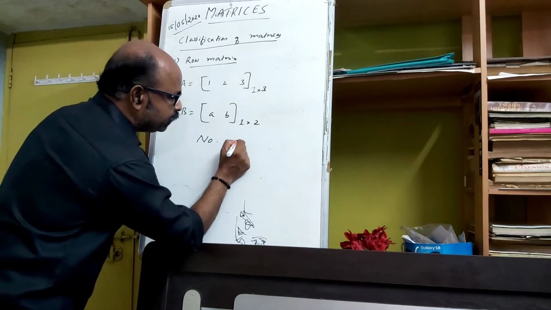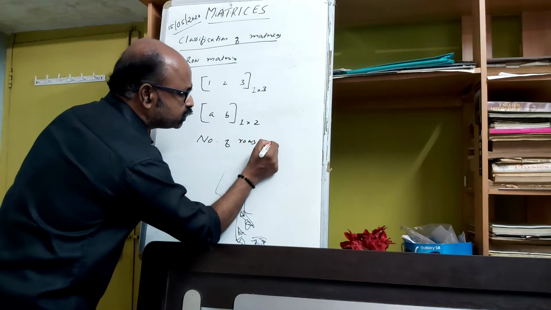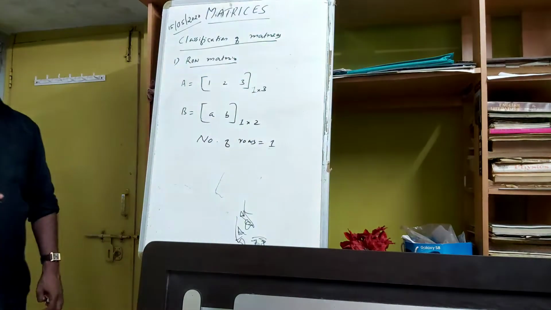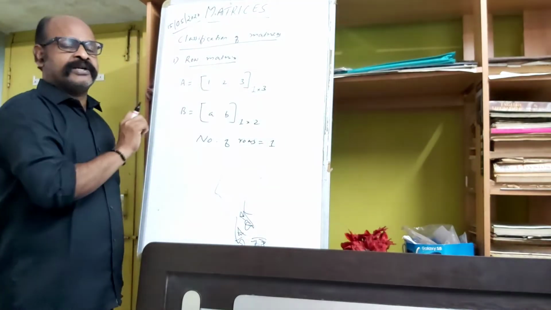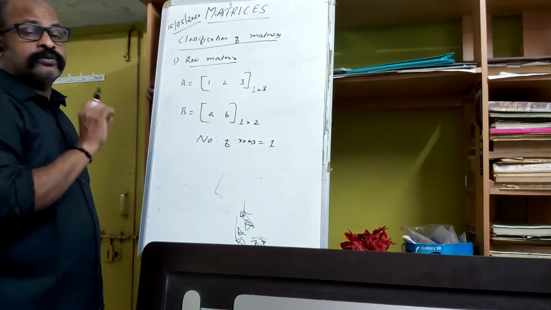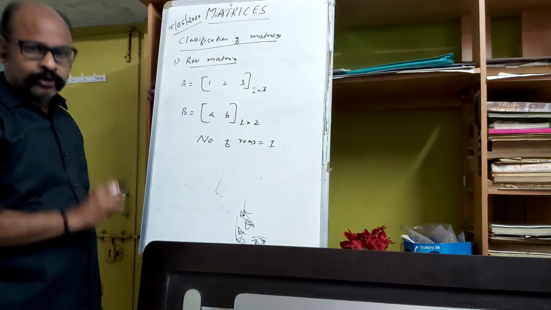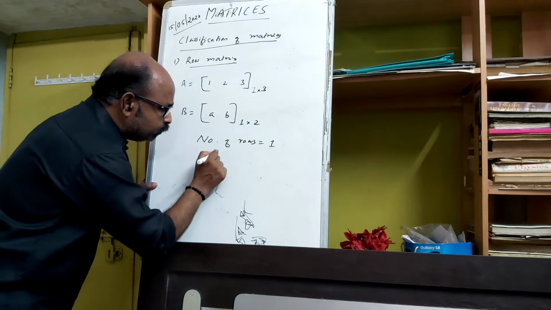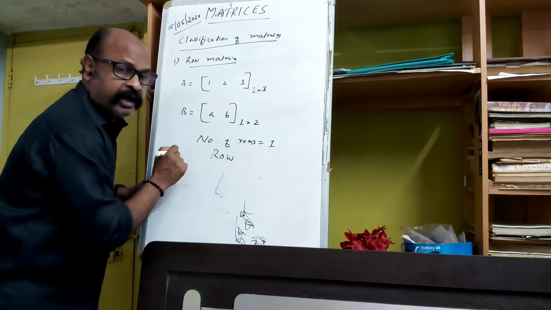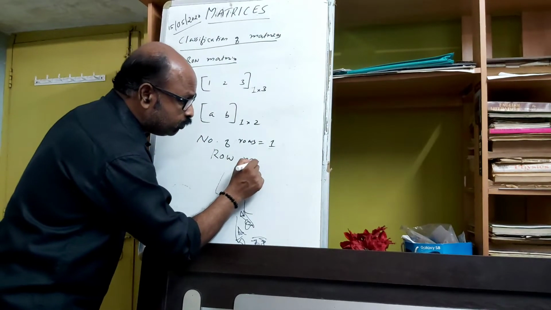That is, number of rows is equal to 1. So what does it mean? Here in the example, both the matrices have only one row, and such a matrix is more categorically known as a row matrix.